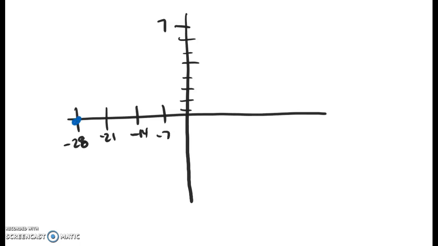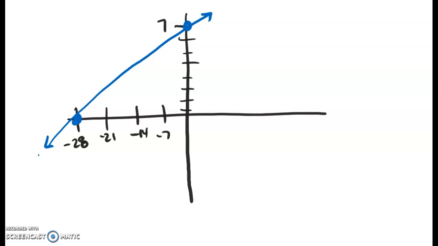And so if I graph these 2 points, the x-intercept and the y-intercept, and I connect the 2 points with a line, I've now graphed the line. And that's how you find the x and y-intercepts, and that's how you would graph the equation using the x and y-intercepts.